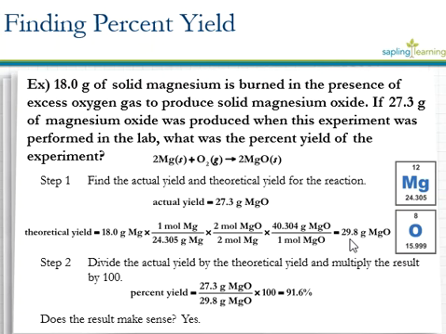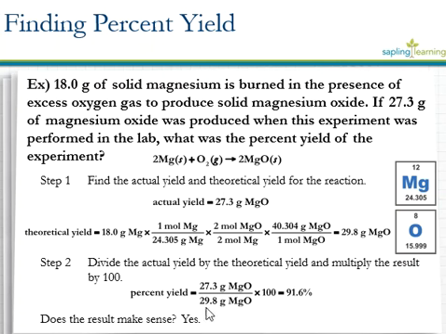But the problem is saying only 18 grams were produced. I'm sorry, over here, 27.3 grams were produced. So 29.8 is how much could possibly be produced, theoretically, mathematically. However, when the experiment is actually conducted, only 27.3 grams are produced.